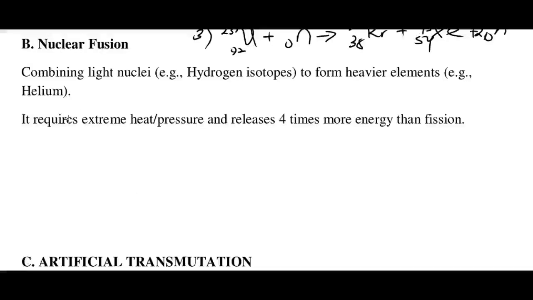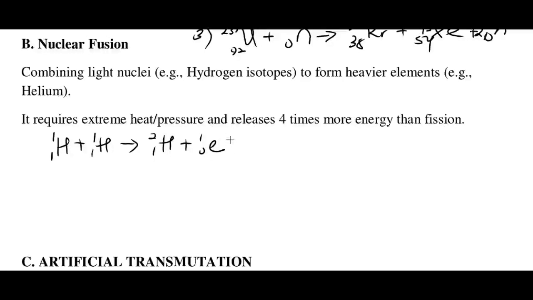So examples of nuclear fusion, since it has to do with combining elements. So let's have hydrogen plus hydrogen, all right, giving us hydrogen plus 1 0 electron.